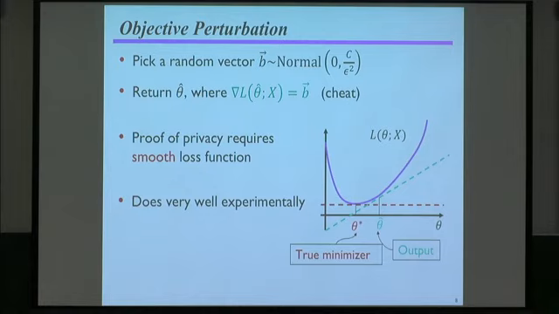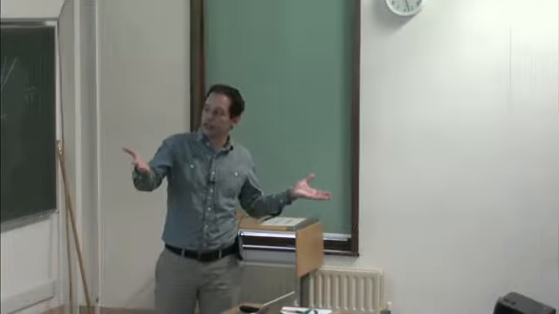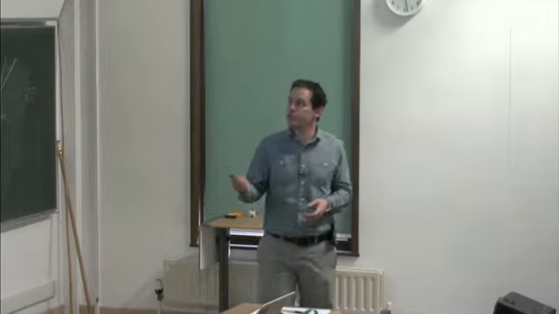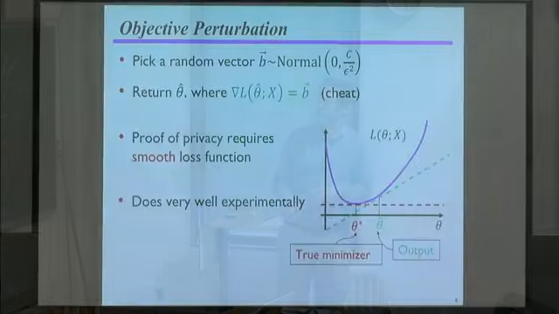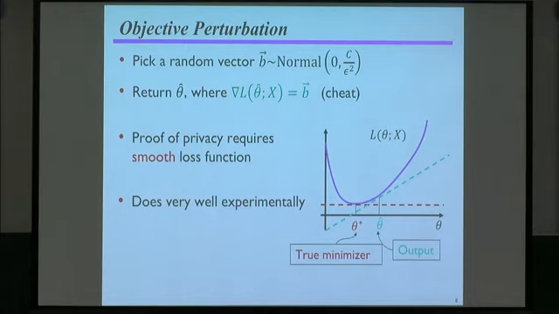That's because when you've got a wide, shallow basin, a single data point can have a lot of effect on the actual location of the minimizer. Okay, so this is one idea that people have used successfully for this type of problem. And generally, for loss functions that satisfy its requirements, it's the one that performs best experimentally.